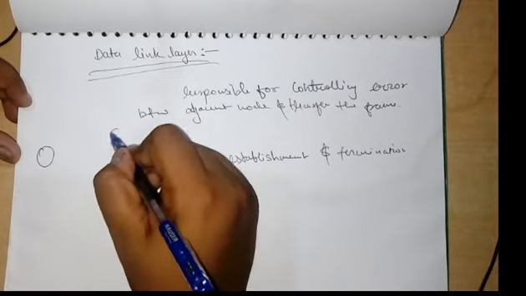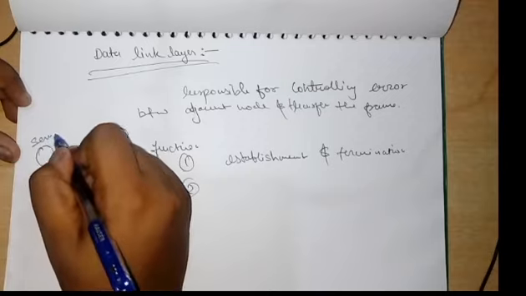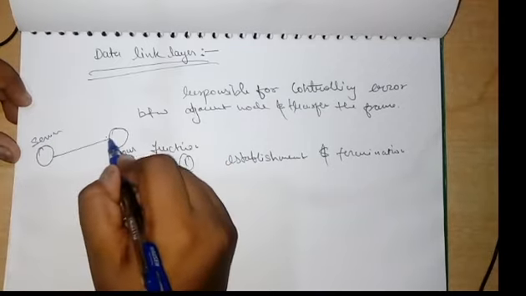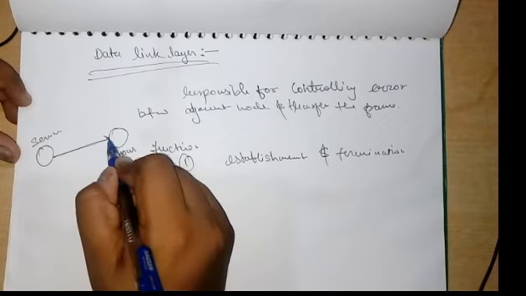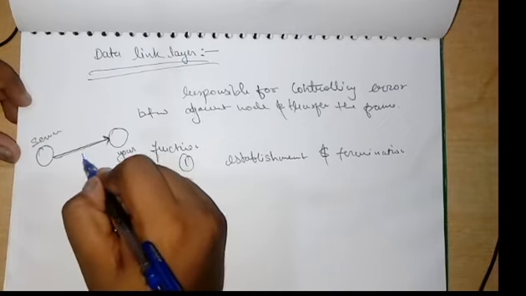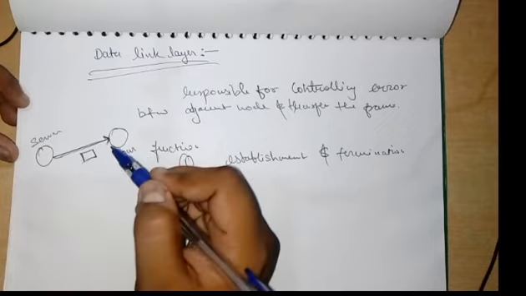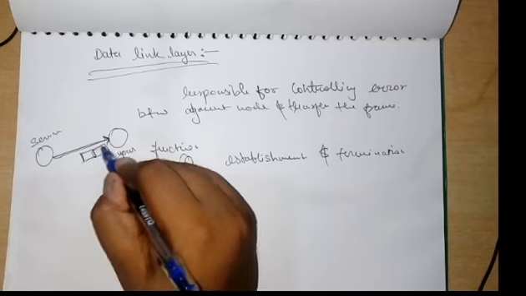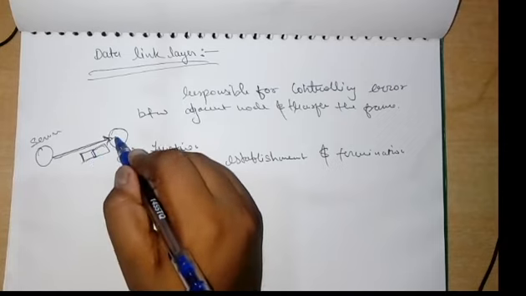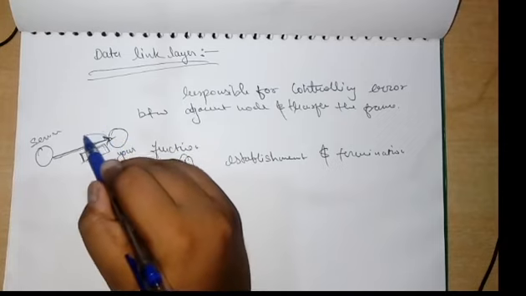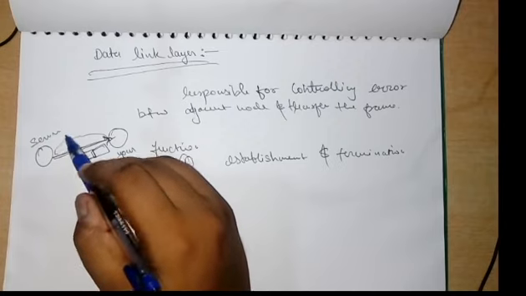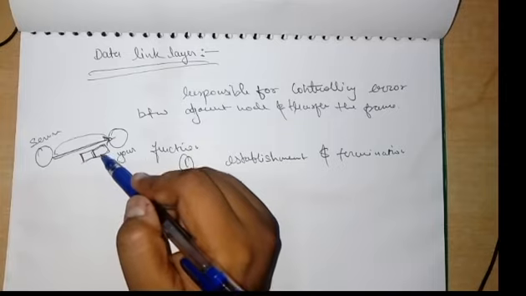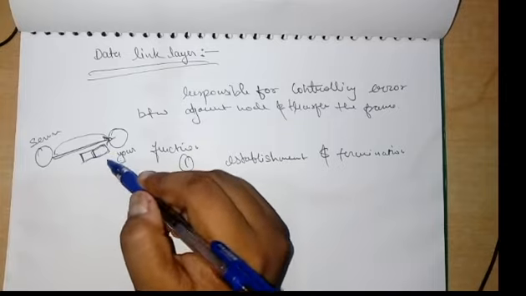Suppose this system is the server and this is your system. When the data is going from server to your system, your data is in frames. So whenever a frame is received by your system, it has to send feedback to let the server know that I have received this frame or another frame.